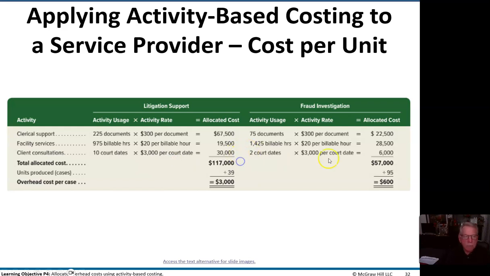So here we go. Same thing for the fraud investigation. We divide through by the number of units, the number of cases in this case, because this is a law firm, and we divide that by 39 cases of litigation support. So the overhead cost per litigation support is $3,000, where it's substantially less at $600 for a fraud investigation case.